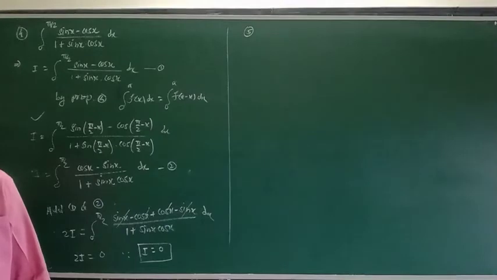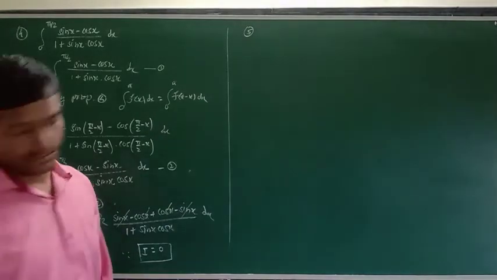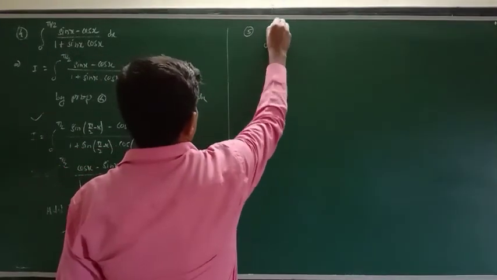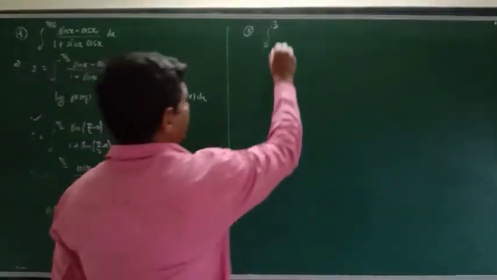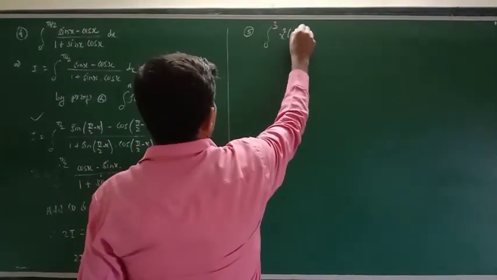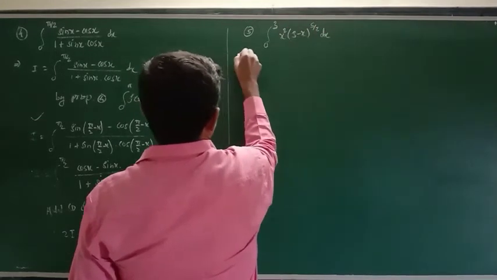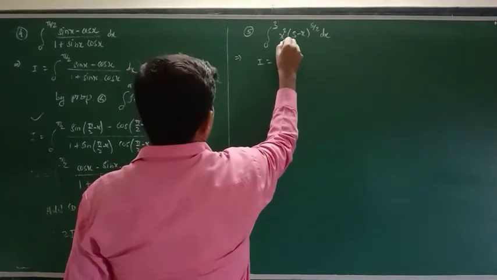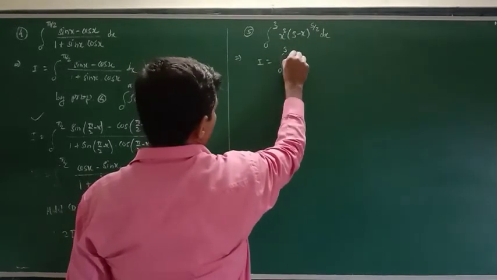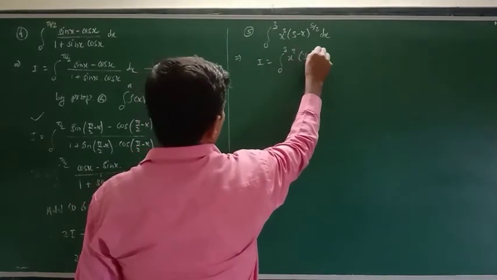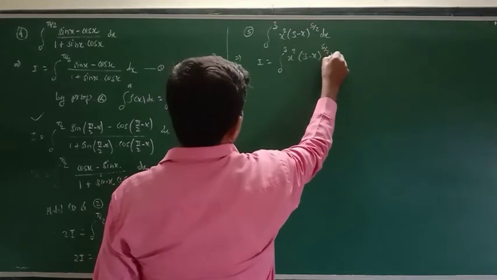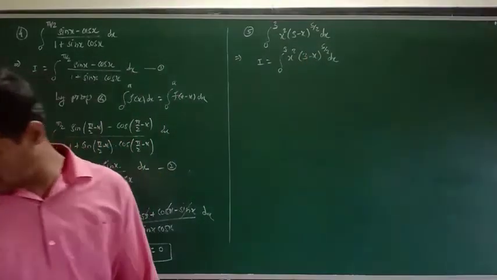Okay. Now see question number 5. What they have given here: integration from 0 to 3, x square into (3 minus x) raised to 5 by 2 dx. Okay, I denote it as I, integral 0 to 3 x square into (3 minus x) raised to 5 by 2 dx.